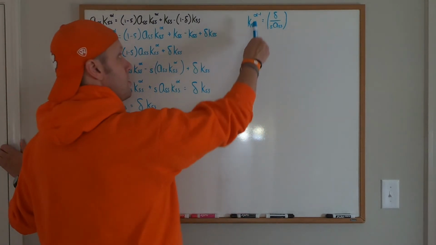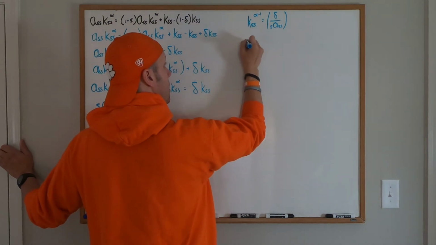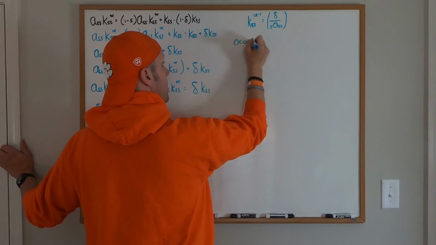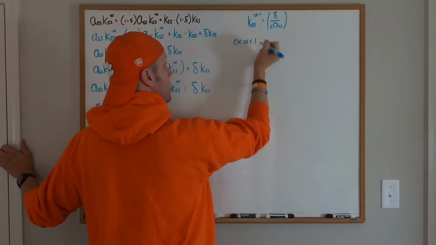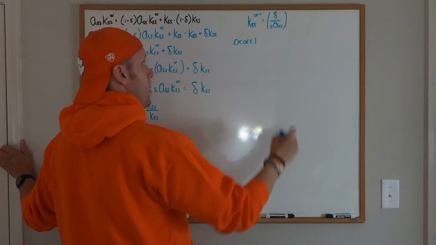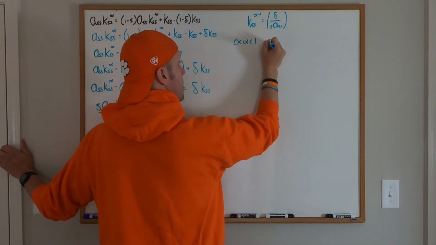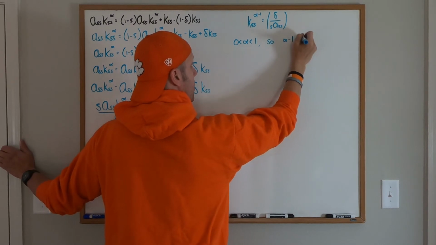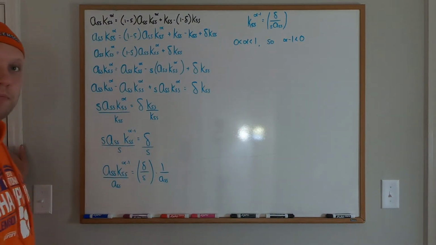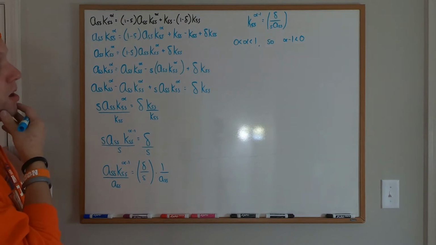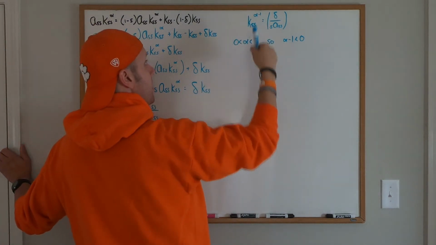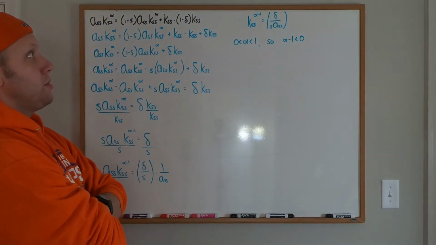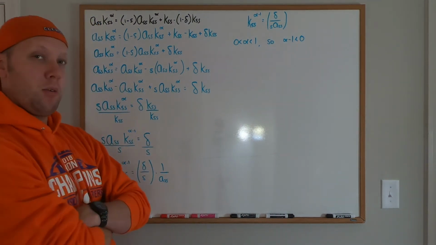But remember, this alpha minus 1, alpha is greater than 0 and less than 1, so alpha minus 1 would be negative. So I've got a negative exponent here. But for reasons we'll see in a moment, a positive exponent would be better. How do I do that?